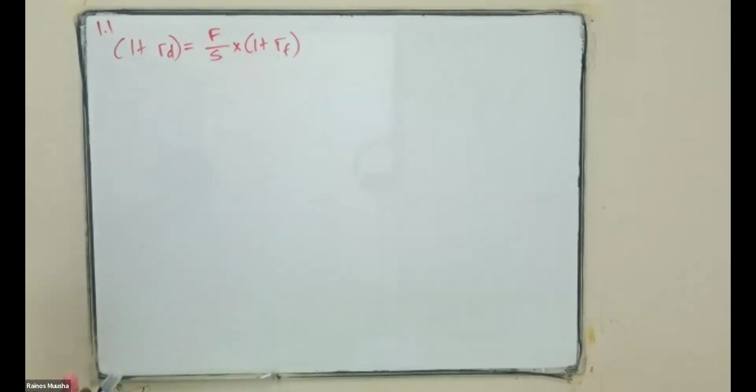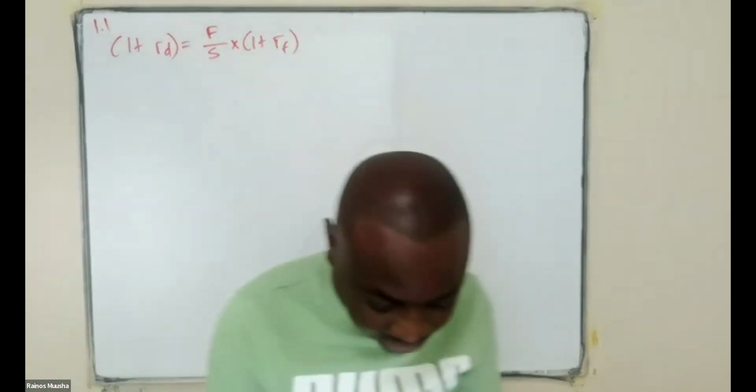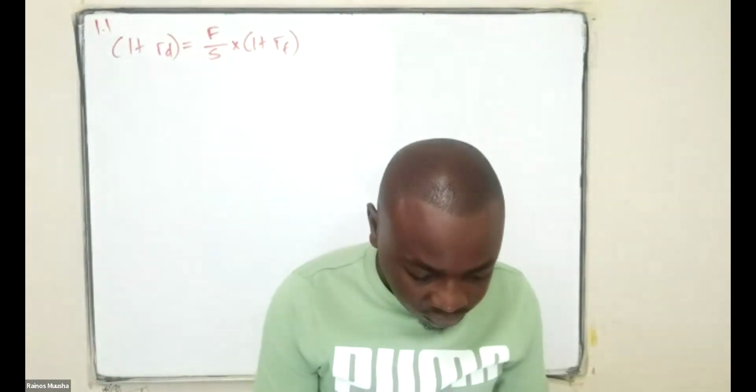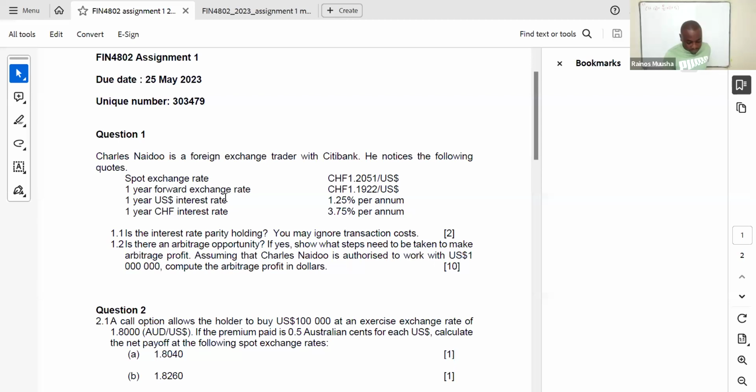If you check the information that they give us, you'll see they tell us the spot exchange rate per US dollar, and then the forward rate as well, and then they give us the 1 year dollar interest rate, and the 1 year CHF interest rate as well.